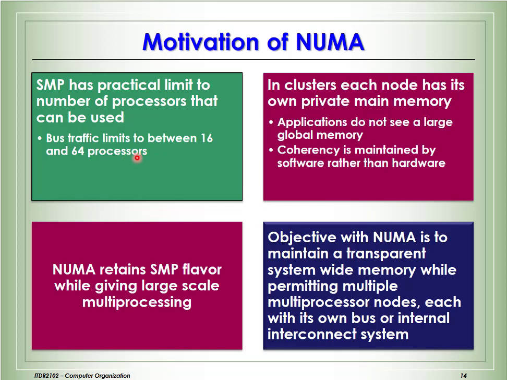After adding more than 64 processors, the performance of the system will decrease substantially, so this is the practical limit.